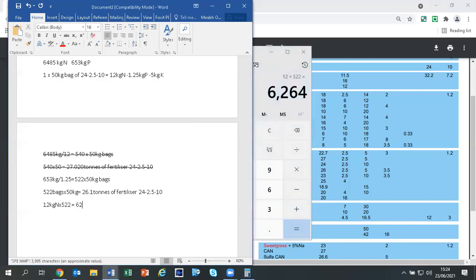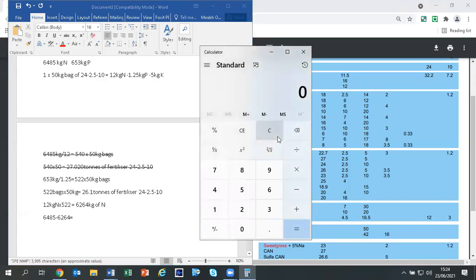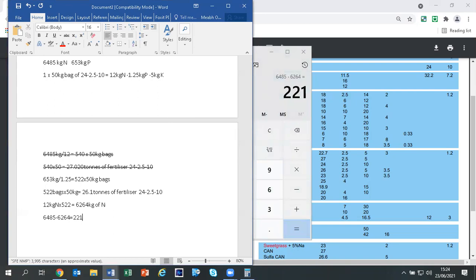It is 6,264 kgs of nitrogen. So we're just over 200 kgs short of our requirement. 6485 minus 6264 equals 221 kilograms of nitrogen short.